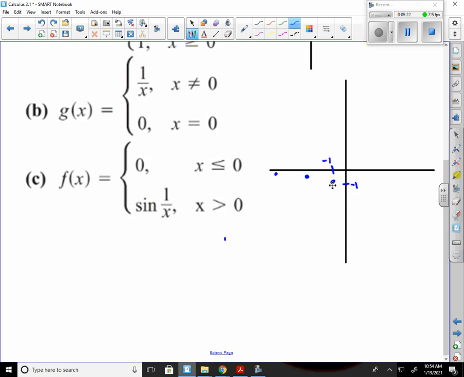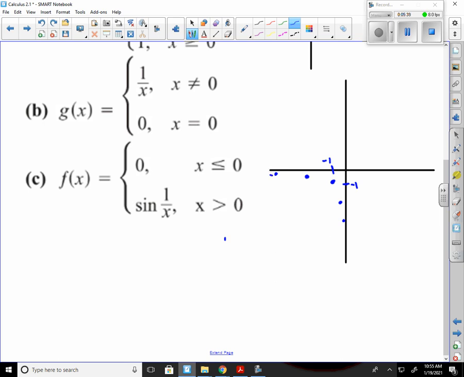What if it's 1 over negative 1/2? That would be negative 2. If it's 1 over negative 1/3, that would be negative 3. If it's 1 over negative 1/100th, that would be down at negative 100.